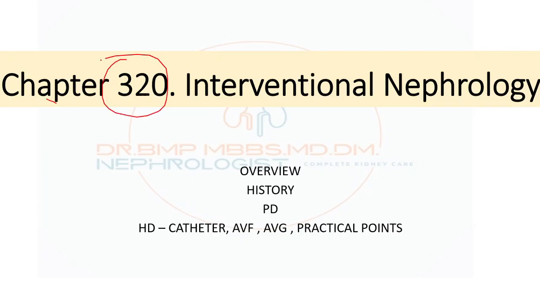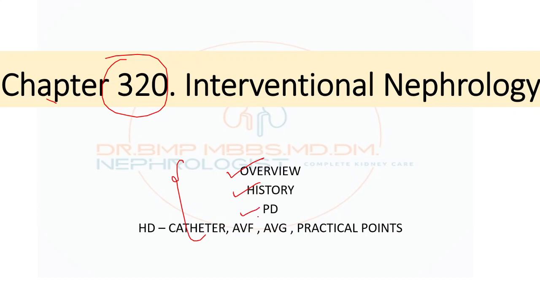So in this chapter, Harrison have given the contents in the following way. First, in the initial few paragraphs, an overview about what is interventional nephrology, what is the procedure being performed. Then the history, how these have been evolved.